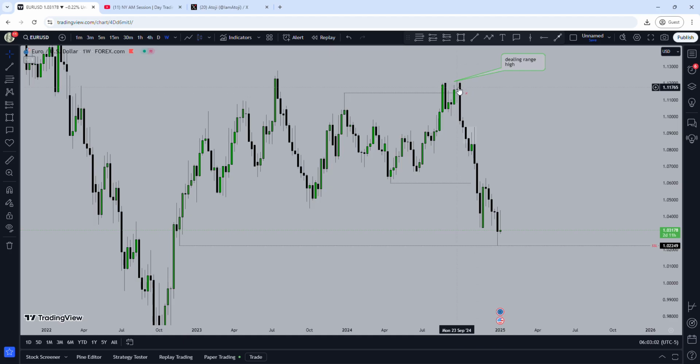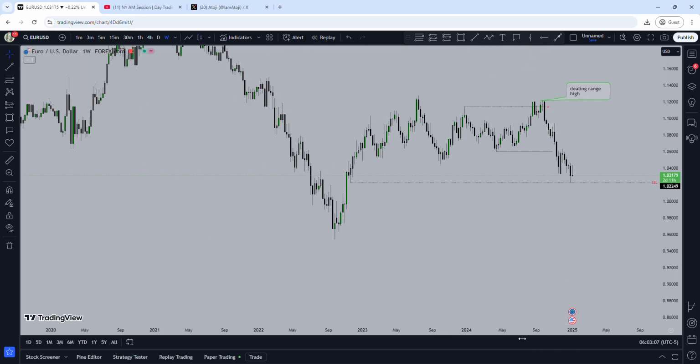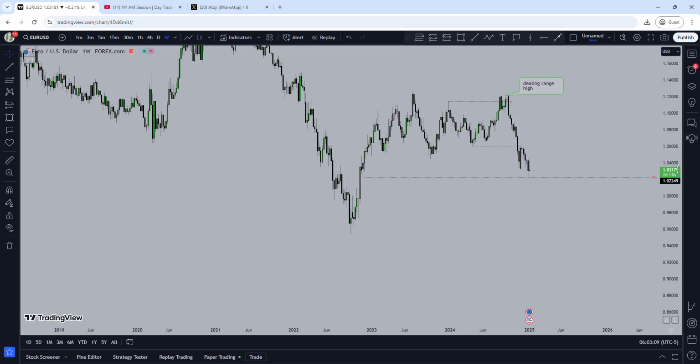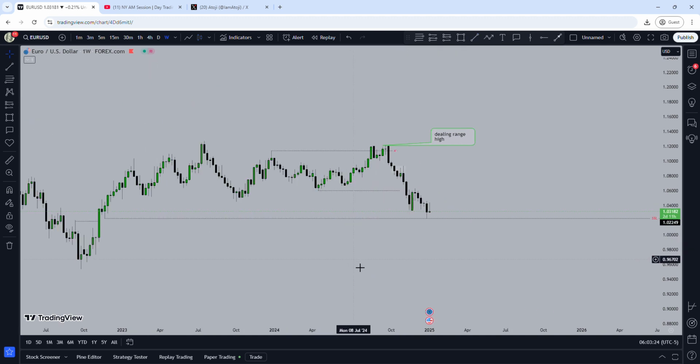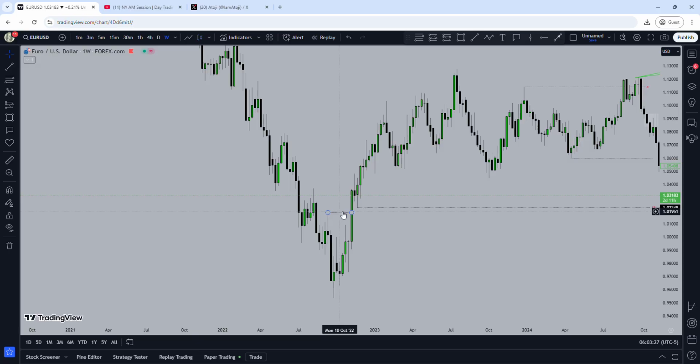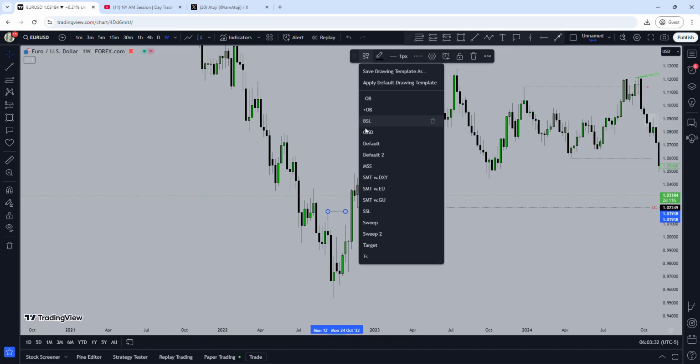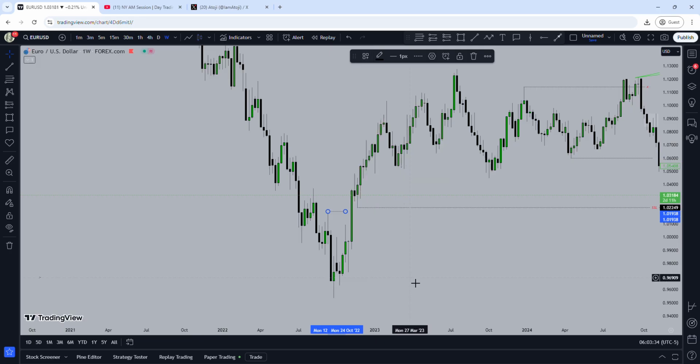But you can see that this now is a dealing range, and if you zoom out, you would see that this right here is the high that was displaced above, making it a market structure shift.